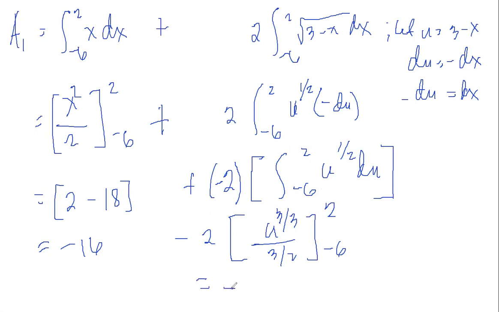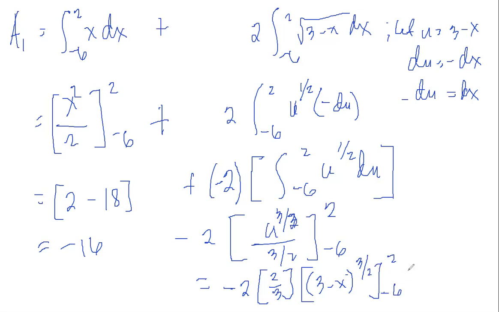So this becomes negative 2 times 2/3 times, what's the value of u? U is equal to 3 minus x raised to, sorry, this is 3 halves, 3 halves from negative 6 to 2.